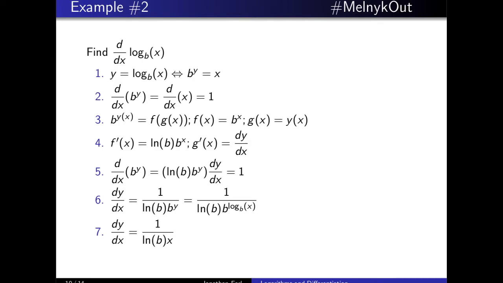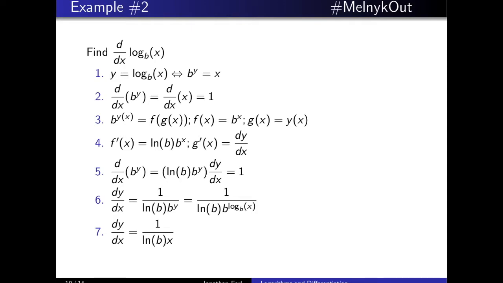So our derivative with respect to x of b to the y will be the natural logarithm of b times b to the y times dy by dx, and then from what we just said, that's all equal to 1. So in other words, our dy by dx is going to be 1 over the natural logarithm of b times b to the y, but y is the logarithm base b of x, and those two operations will undo each other, so taking b to the logarithm base b of, in this case, x, will just give you back x.